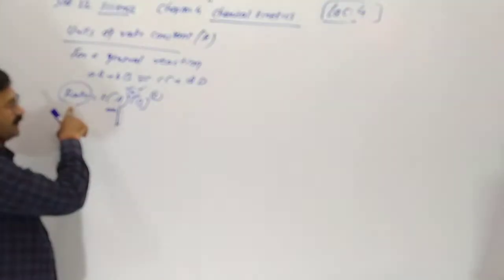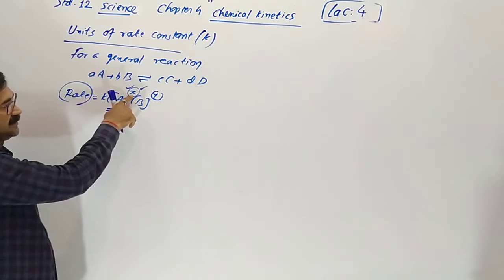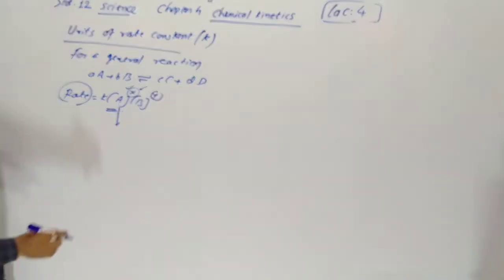If concentration doubles and rate becomes 4 times, it means the order should be 2. If concentration doubles and rate becomes 8 times, then the order should be 3, since 2 raised to 3 means 8.